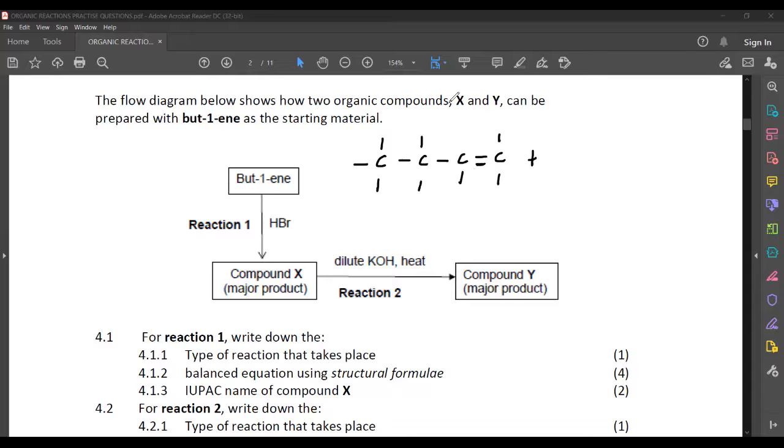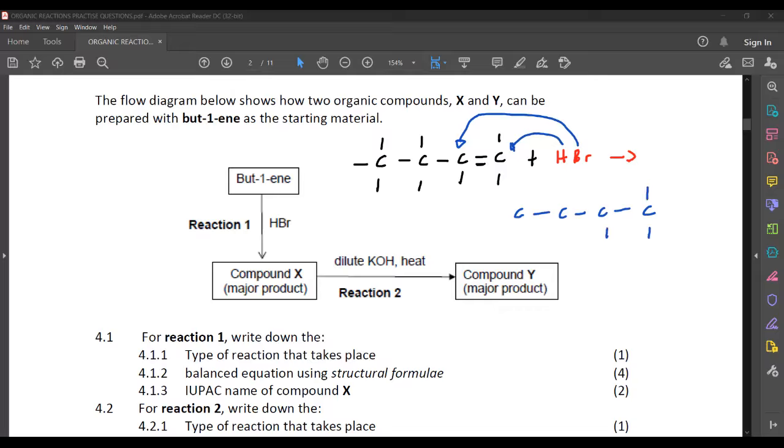What am I adding? I'm adding HBr. What did I say when I was teaching? Take the H, where does it go? To the carbon in the double bond containing the most number of hydrogens. So this H goes there. Where does the Br go? To the carbon in the double bond containing the least number of hydrogens. They want the structure. 1, 2, 3, 4.